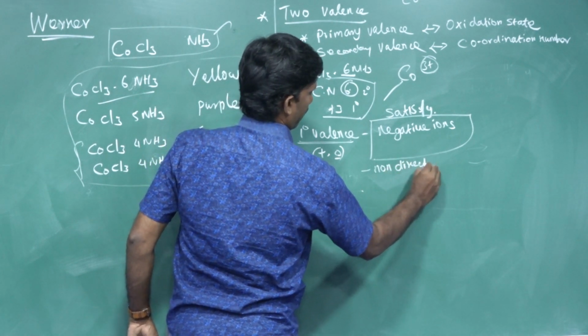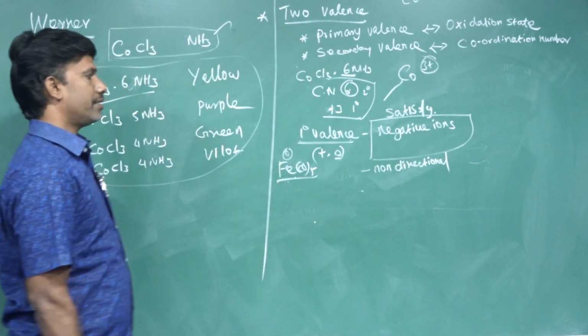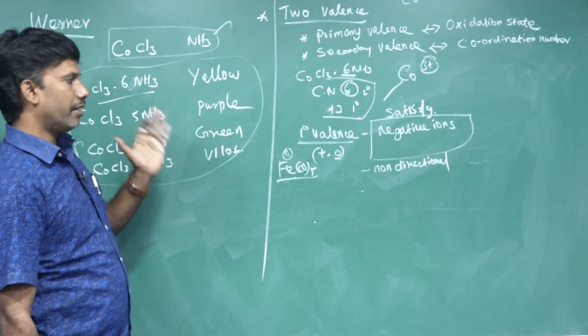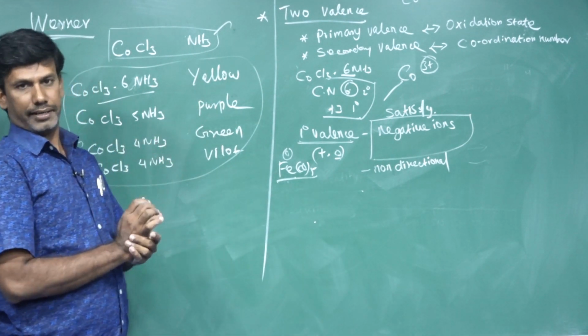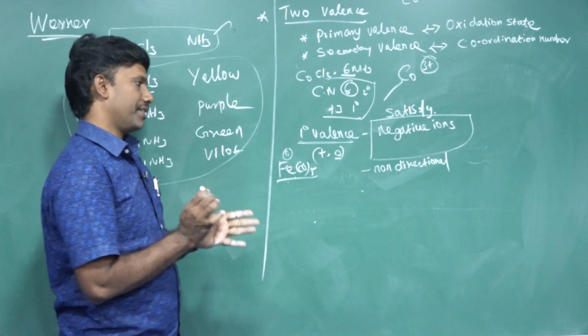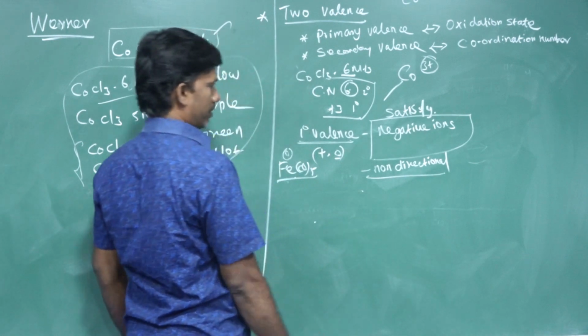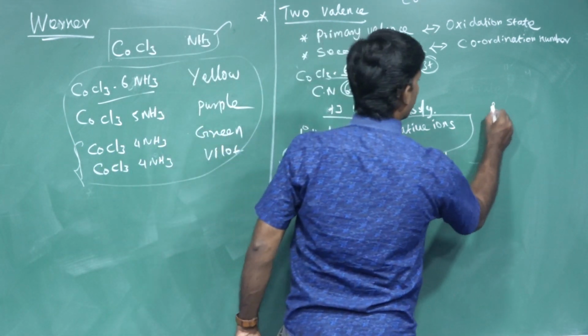What do you mean by non-directional? There is no proper attachment with the central atom. That is called non-directional, so there is no definite geometry for this.